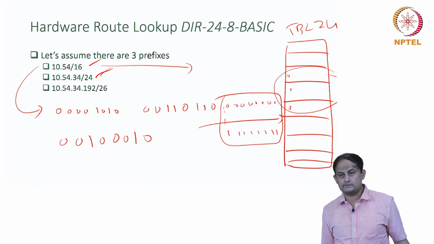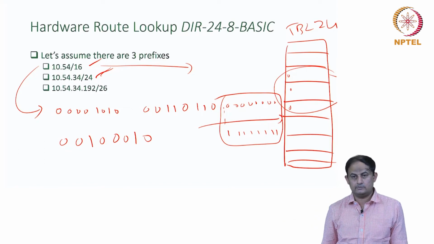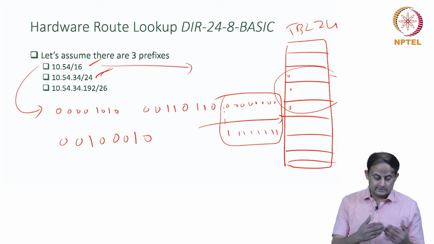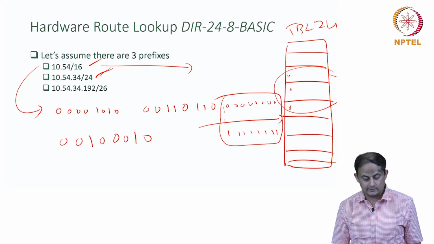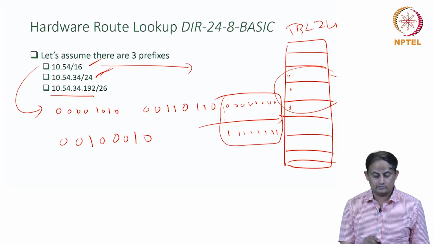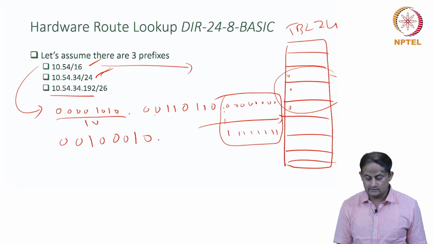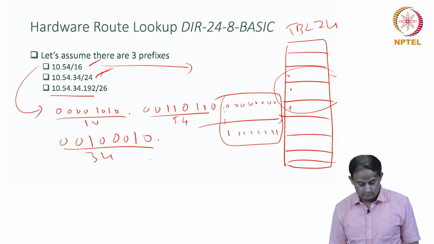And then in the secondary level table, I am going to expand that into 256 entries, because this is a prefix of length 24, and a subset of that is 10.54.34.192, which is a /26. If you convert 10.54.34.192, this is my 10, this is my 54, this is my 34, and the last 192, when you convert it into binary, you get 1 1 followed by 6 zeros.